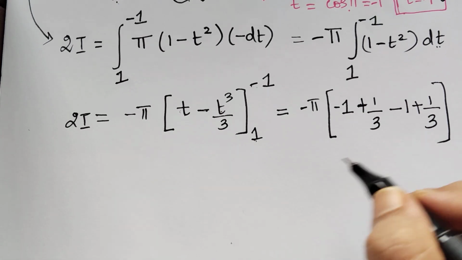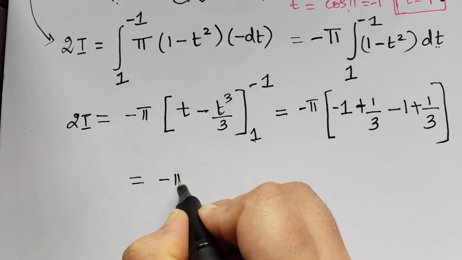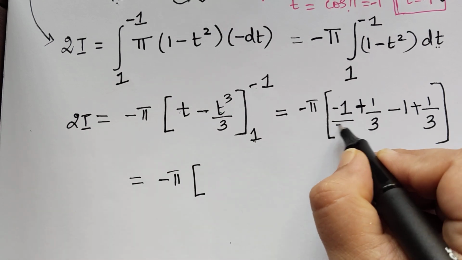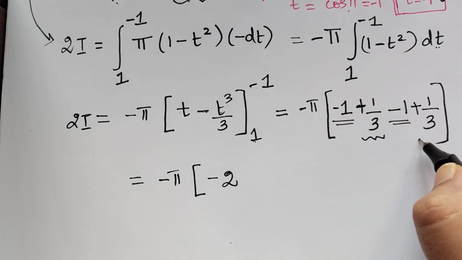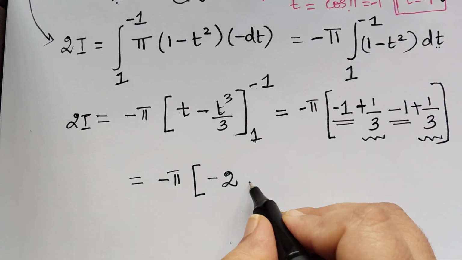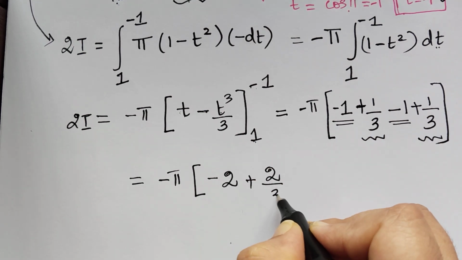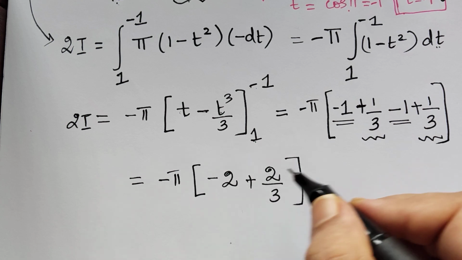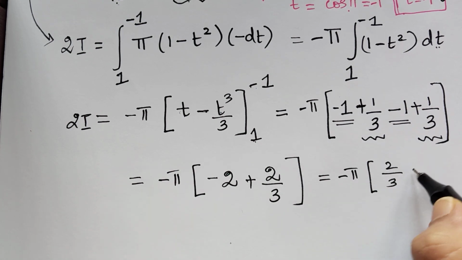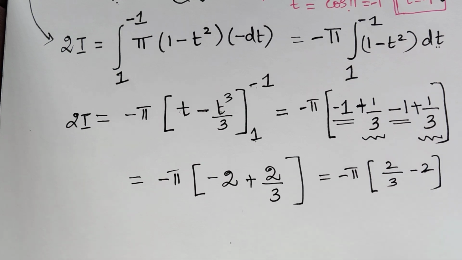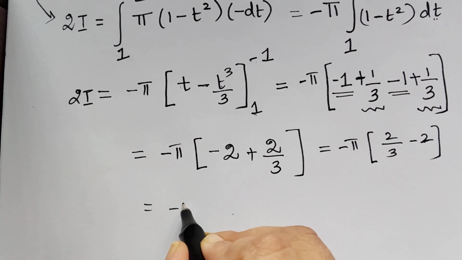Now this will be equal to minus pi multiplied with minus 1 minus 1, which gives us minus 2. And 1 by 3 plus 1 by 3 will give us 2 by 3. So plus 2 by 3. But what is 2 by 3 minus 2? We will write it in this way, 2 by 3 minus 2. So that is equal to minus pi.